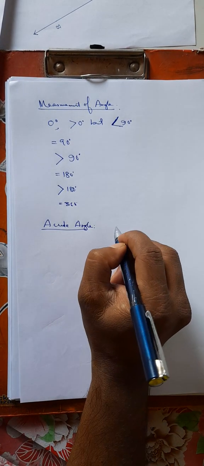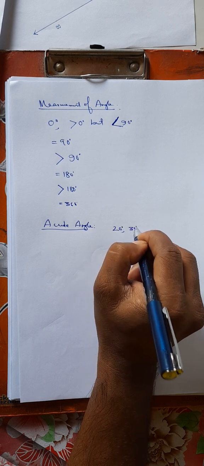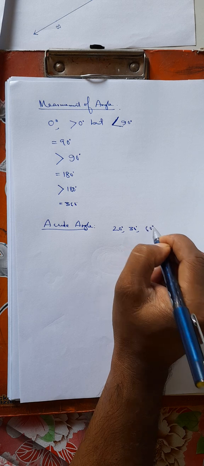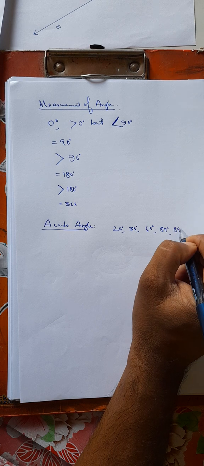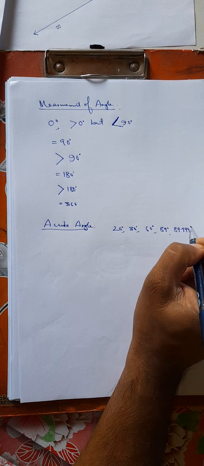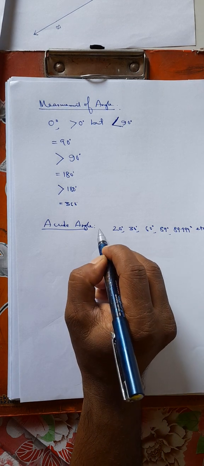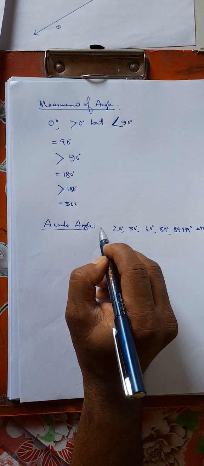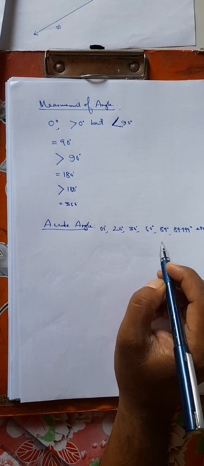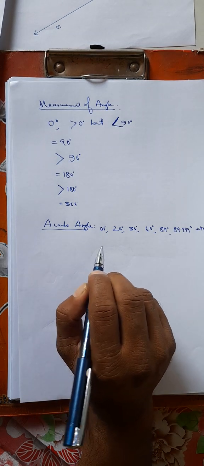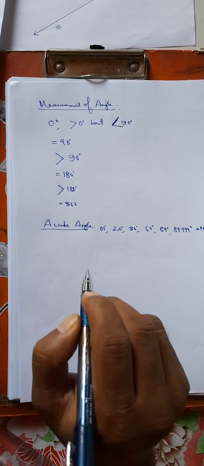Say for example 20 degrees, 30 degrees, 60 degrees, 89 degrees, 89.999 degrees, etc. That means up to 90 degrees, but greater than 0 degrees, like 0.1 degrees, suppose. So these angles are called acute angles. So an acute angle means an angle which is greater than 0 degrees but less than 90 degrees.